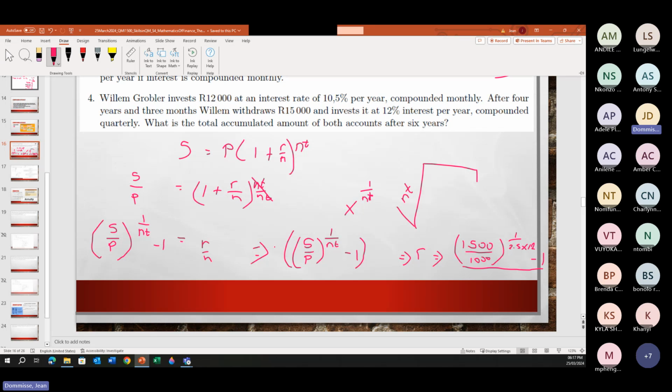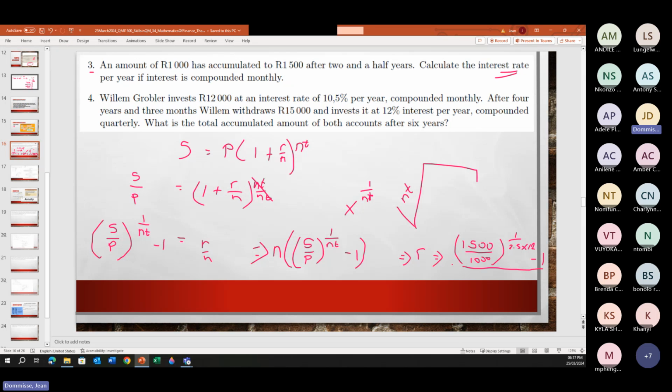Okay, so to get to r, it would have been times n. So you could have left it like this and worked it out. Then you will get your interest for that period, or a monthly interest.